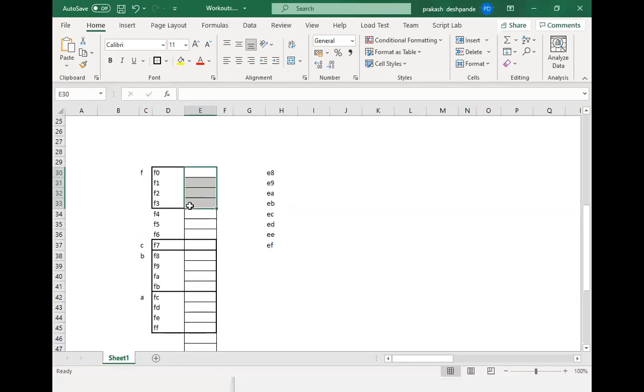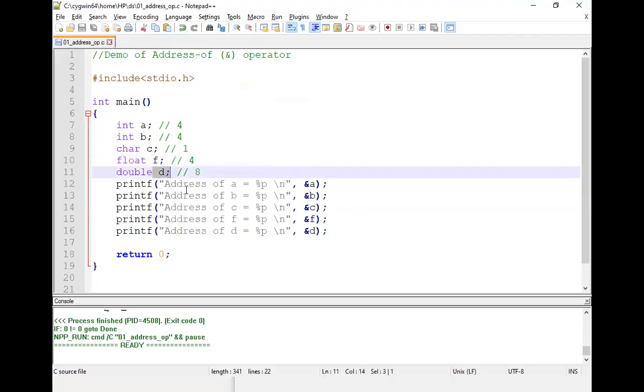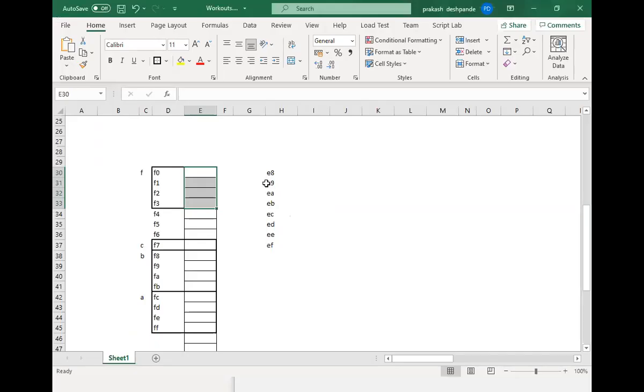It did not happen for D here. If you look at the D declaration, before this F0, all consecutive 8 memory blocks are declared. It did not leave any of the blocks empty there. Continuously it got allocated. Because 8 means what? Again, you can say it is a word length of 2.